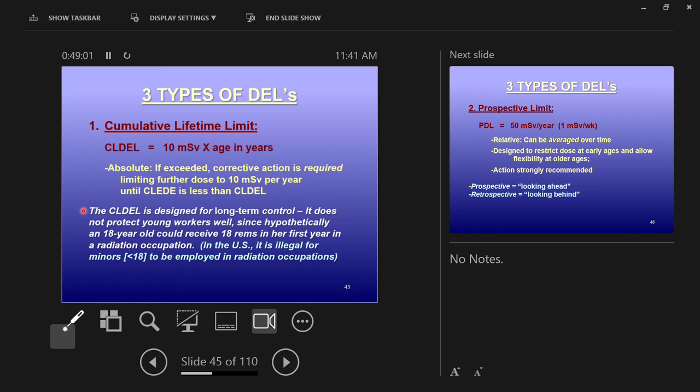It does not protect young workers because hypothetically an 18-year-old could get, they're using REM here, so 18 REM in their first year of radiation occupation. In other words, this one works for long term. You've been a radiographer for 20 years, right? We can see that whatever your limit has built up to, we just want to make sure you haven't exceeded that.